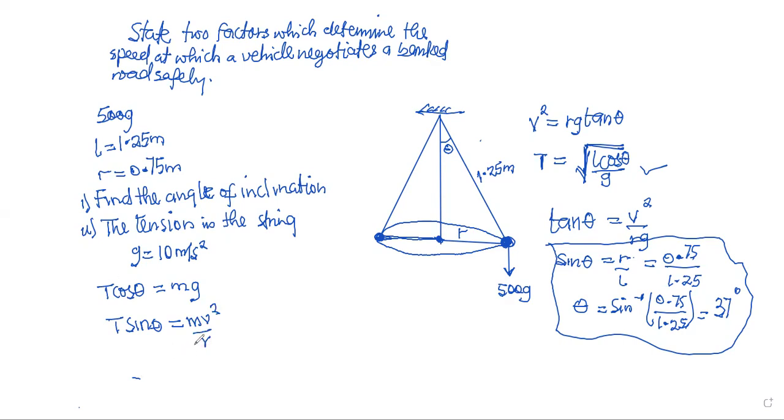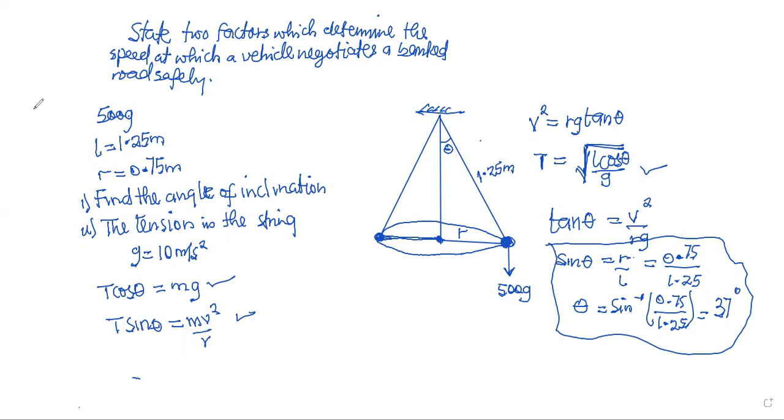We don't have v. We have the mass. So obviously, we can use this to find it, because when we use the second equation, we don't have v, we don't have T, it will be cumbersome.